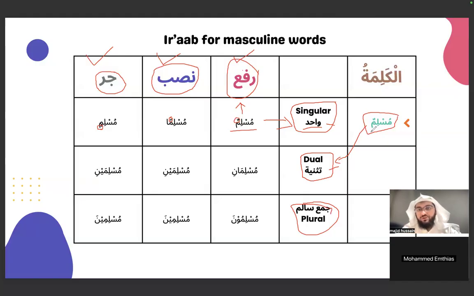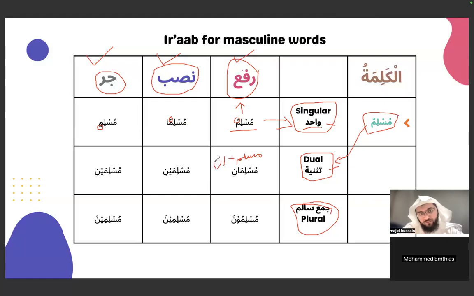Now, the word Muslimun in the category of Rafa will be different. The exactly same word, instead of Muslimun, we will change the last diacritical point to Fatha, and we will add alif and noon to it. So it will be Muslim plus alif noon.